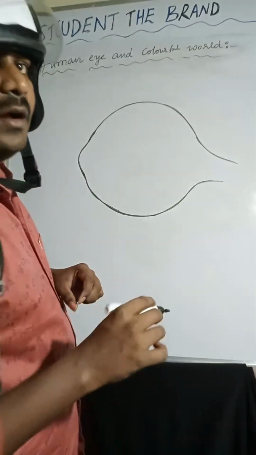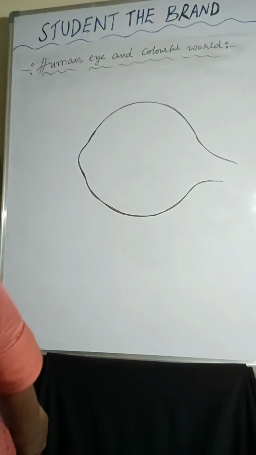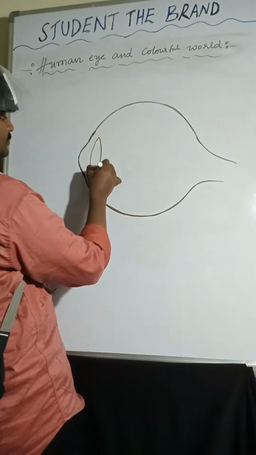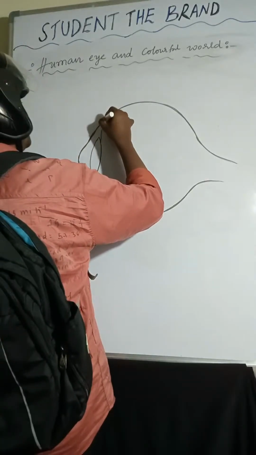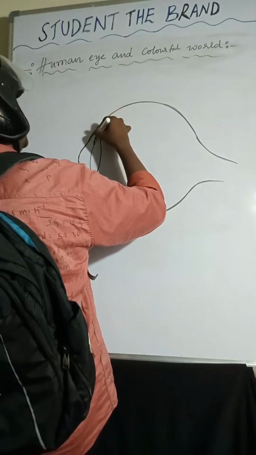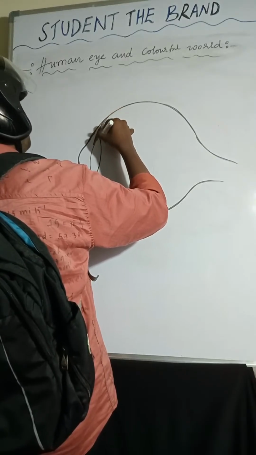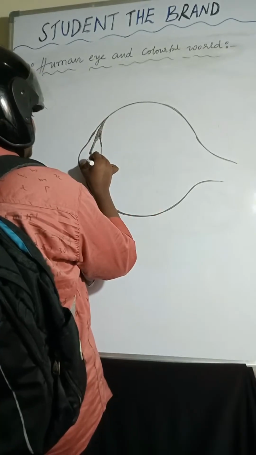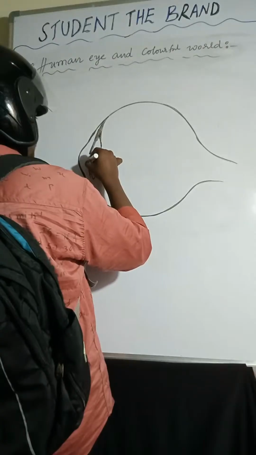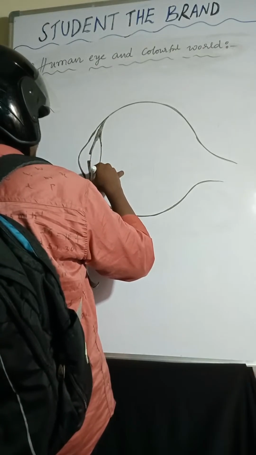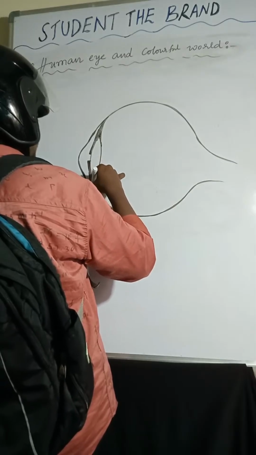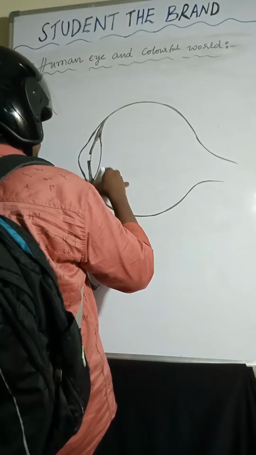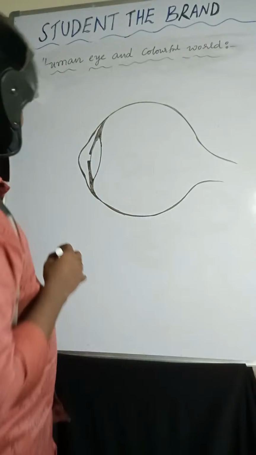Now, I am drawing a lens. This is the lens. These are the ciliary muscles.